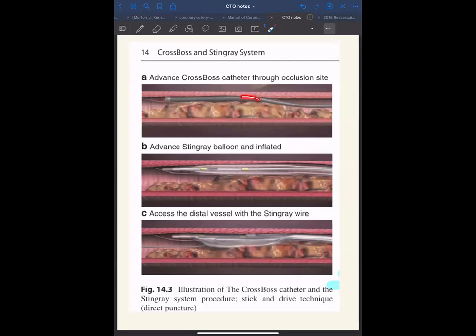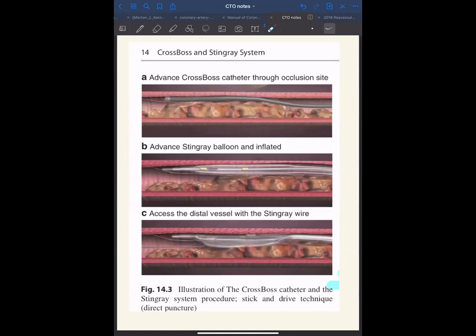So once we have parked it in the subintimal space, then we send the Stingray balloon. Once we inflate the Stingray balloon, we pass the wire through it, which comes out and re-enters the distal lumen. And thereafter, we remove the Stingray balloon, and then we perform the procedure as an antegrade dissection followed by re-entry. It is called the ADR technique.